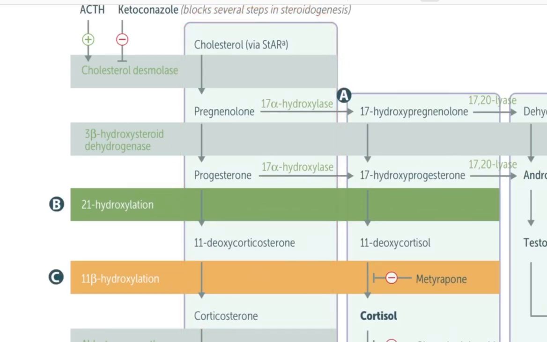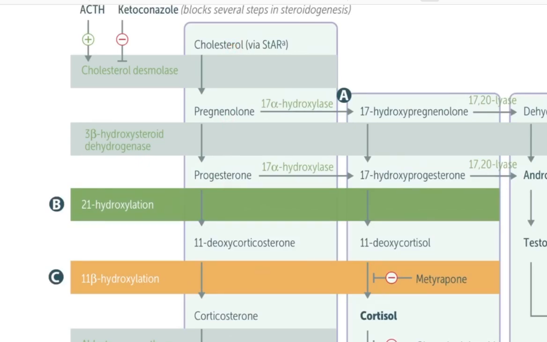cortex. The cholesterol gets converted to pregnenolone by cholesterol desmolase. The pregnenolone gets converted to progesterone by 3-beta hydroxysteroid dehydrogenase. Is it clear? So cholesterol to pregnenolone, pregnenolone to progesterone.